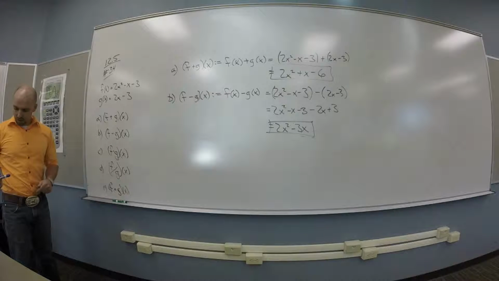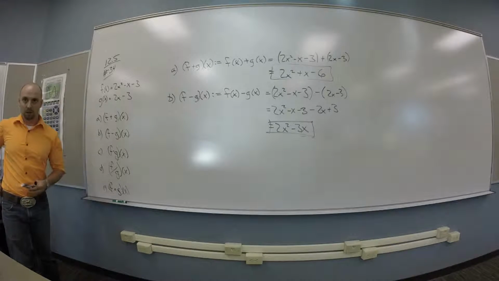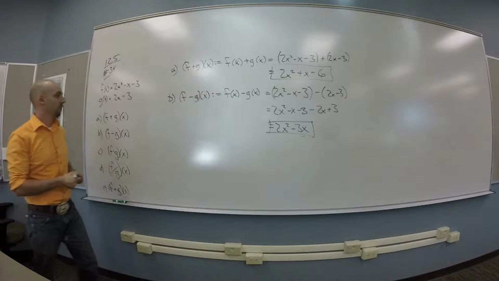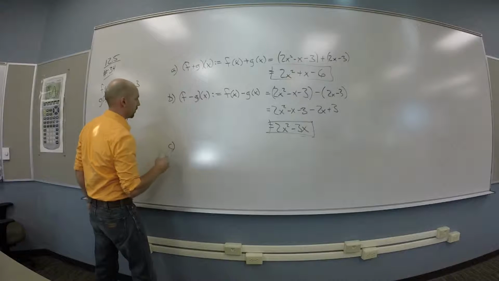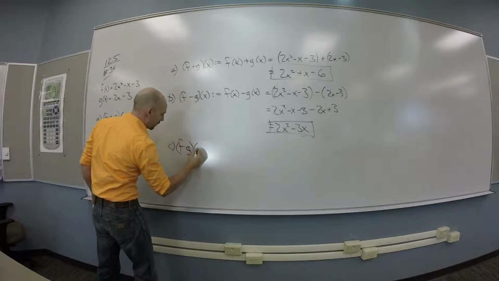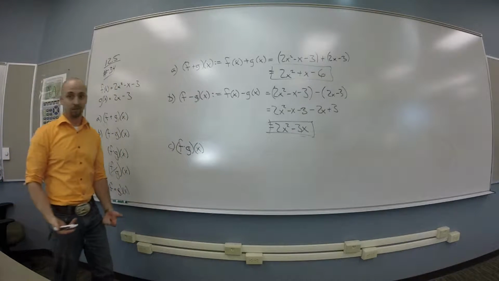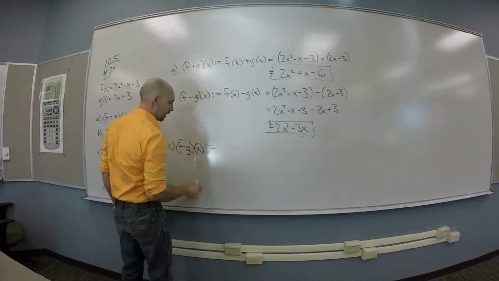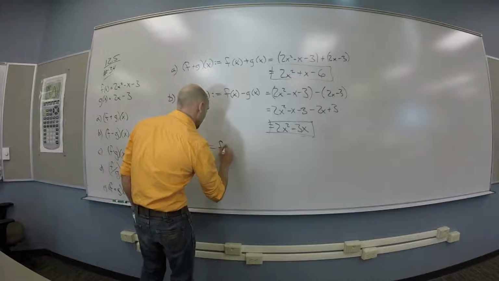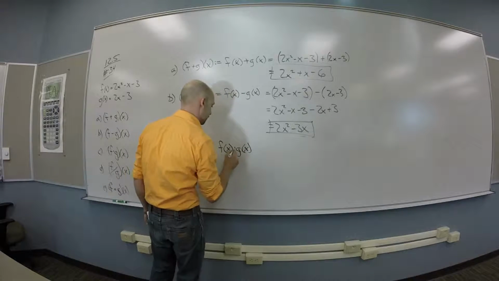All right. How do I multiply? So what would f times g of x be? f of x times g of x? Yeah, the only reasonable way to define the symbol would be, okay, take f of x, multiply that by g of x.